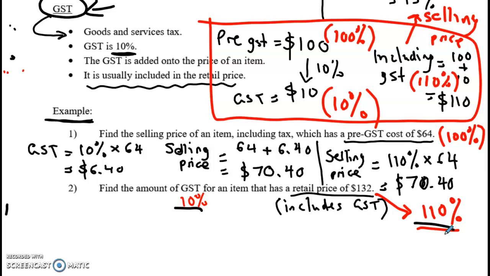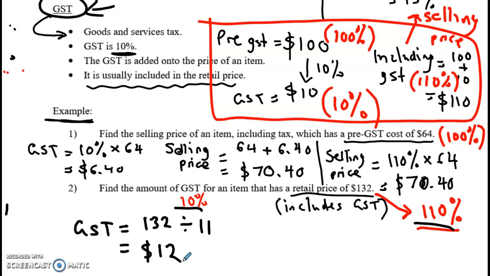And so the amount of GST is going to be equal to 132 divided by 11. Because 11 10%s fit into 110%. And that will give us our answer of $12. So there would be $12 of GST in this amount of 132.